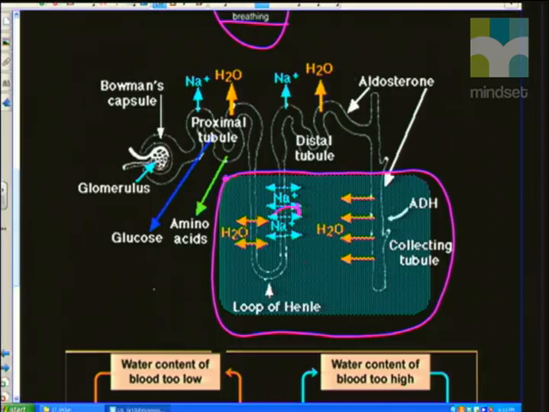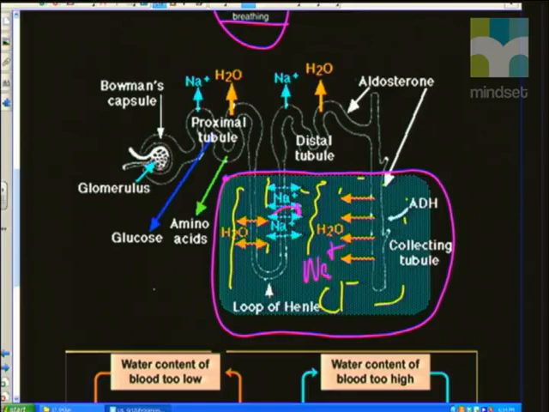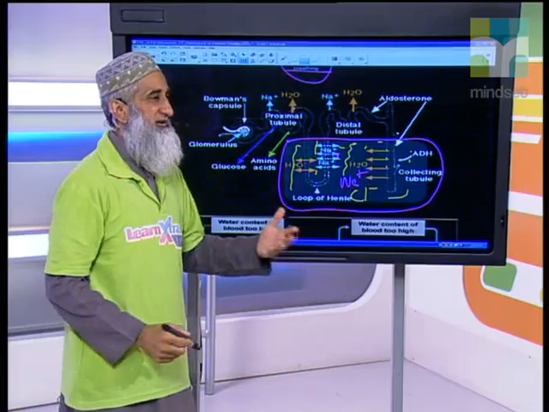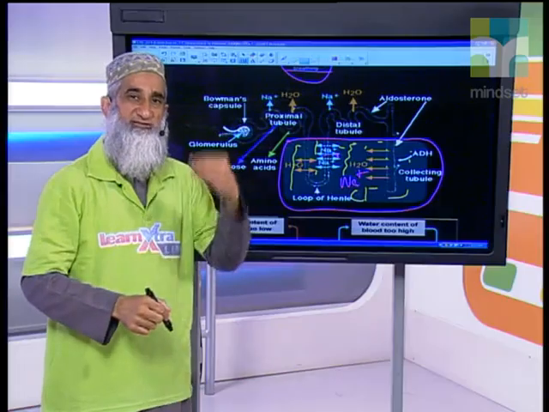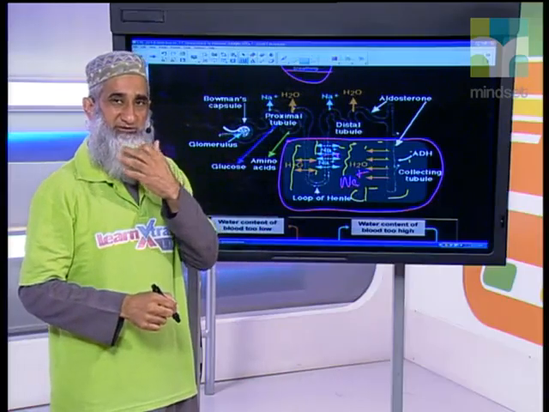So the sodium is positively charged, and chlorine will follow passively because it's negatively charged. So in other words, we're increasing salts in this area around the tubule. So what have we done to the water potential of that area? We have decreased it. The minute you add solutes to a solution, you decrease its water potential.